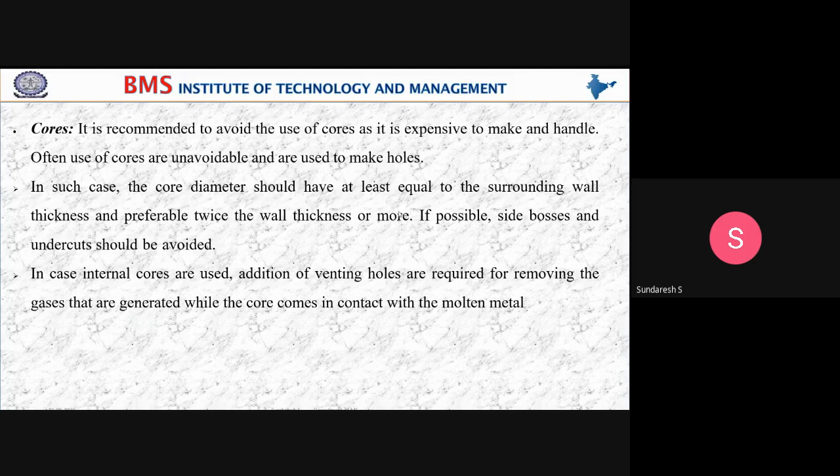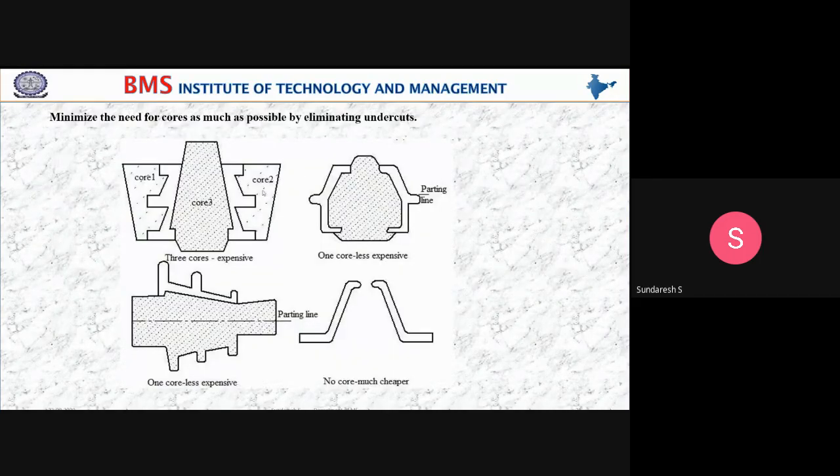These gases should come out of the mold cavity, so venting holes can be provided. Venting holes prevent the gases from getting trapped within the cavity, and they make the casting of higher quality.